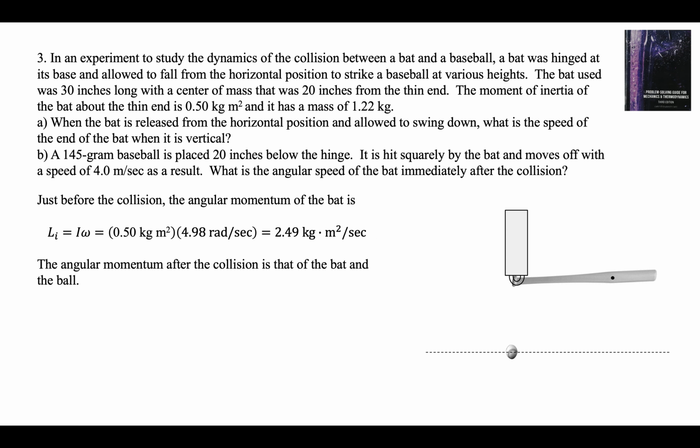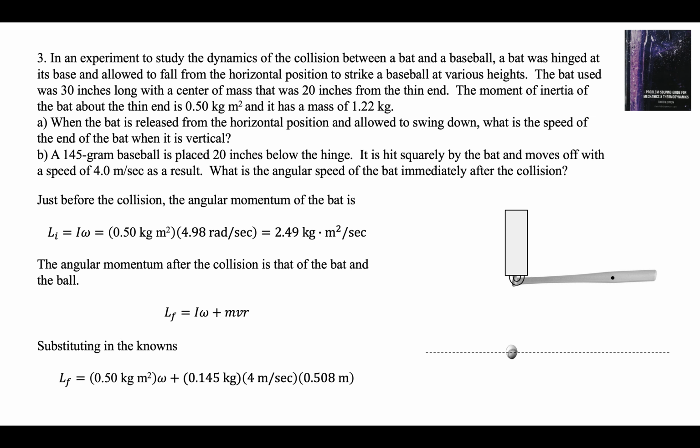The angular momentum after the collision is that of the ball and the bat. We know what the ball's doing. We have to calculate what the bat's doing. So I omega is of the bat, m v r is of the ball. We're going to treat the ball like a point mass. Substituting in the knowns, we got the moment of inertia of the bat, angular speed of the bat after the collision, and m v of the ball after the collision times the perpendicular distance of 20 inches, which is 0.508 meters.